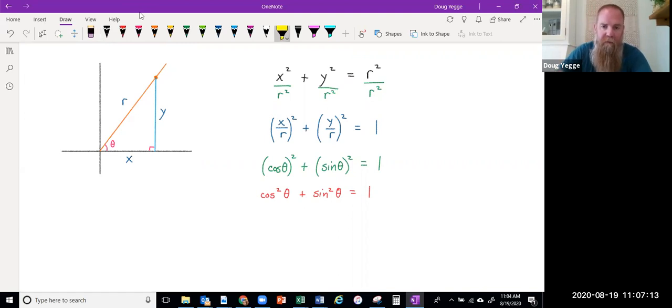This is a really helpful and important tool because now this is showing us that anytime we're dealing with a problem where we see the sum of both cosine squared theta and sine squared theta, we could eliminate it and just replace that sum with 1. And believe it or not, it comes up a lot more than you would expect.